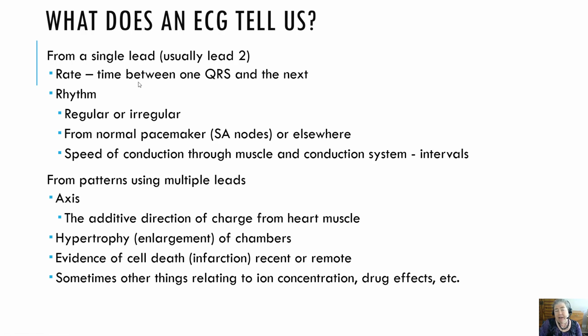There are a lot of different ways to do that, but remember that each little box is 0.04 seconds, and 5 little boxes is a fifth of a second, which means 25 little boxes are a whole second. I'm going to have to come back to that. 5 boxes are a whole second. But you can use the boxes to figure out the time between one QRS and the next.